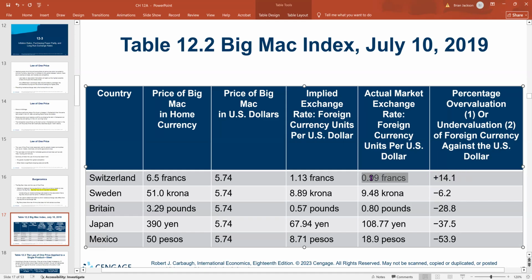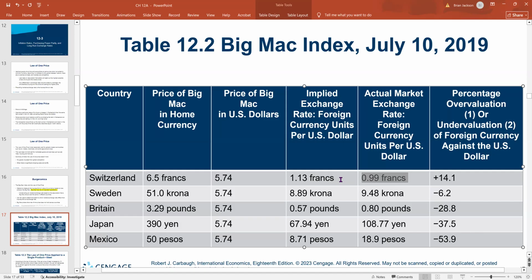All you do is you take the difference between these two, and then you divide that difference by this value right here, you get 14%. So there is an undervaluation of the franc over here relative to what the market would suggest on that same day.